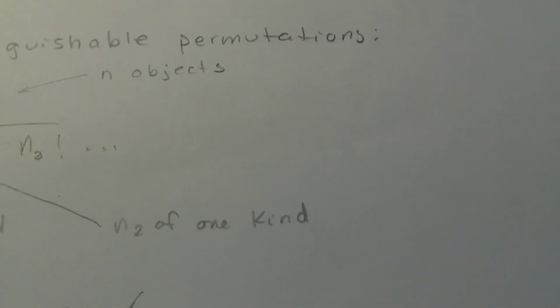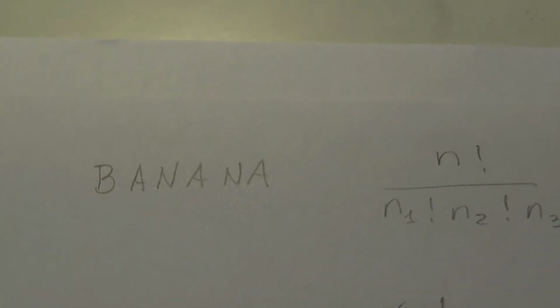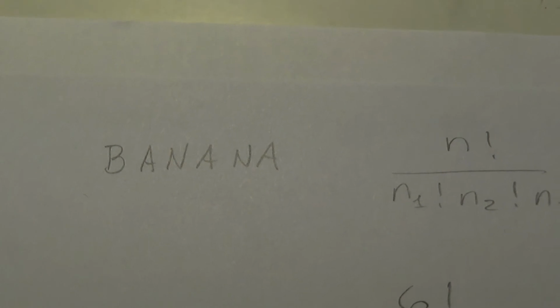Let's look at another distinguishable permutation problem: all the distinguishable permutations from the letters in the word banana. What will go on the top for n? The number of letters in the word. I see 6, so I put 6 factorial. On the bottom, how many letters are of one kind and another? There's only one B, so 1 factorial, which I generally ignore writing.